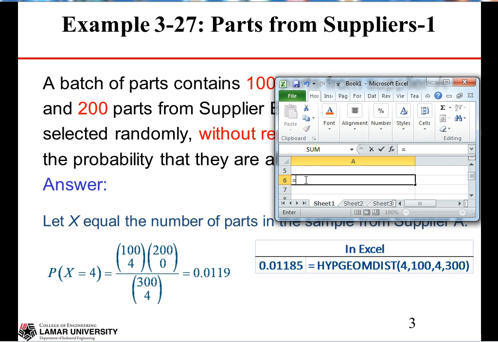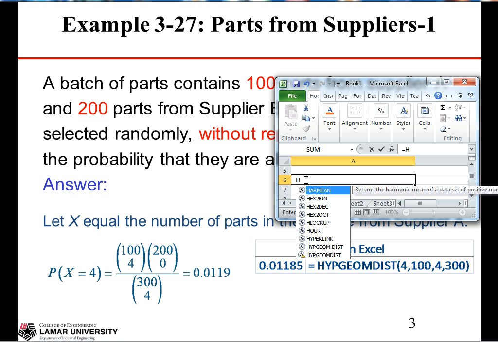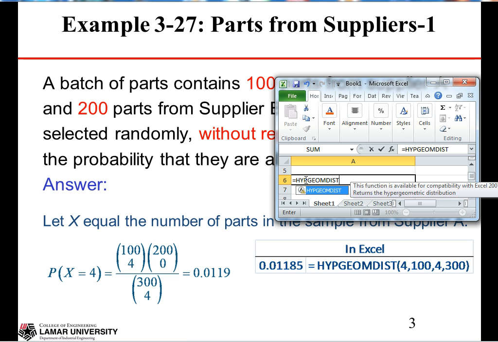To find the number, you type x equal to HYPGEOMDIST. That's a built-in function, and this function needs 4 parameters.